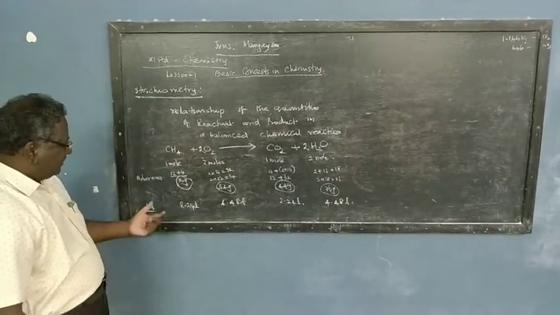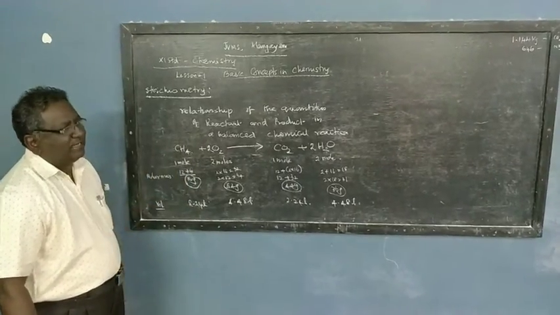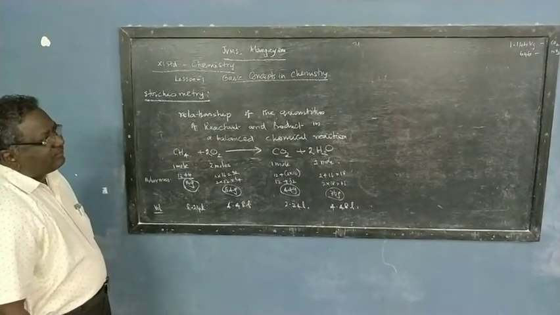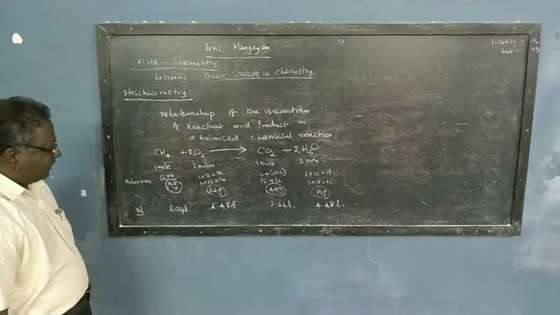So this is in terms of molar volume. Molar volume is the volume occupied by 1 mole of a gas at STP, 273 Kelvin and 1 atmospheric pressure.